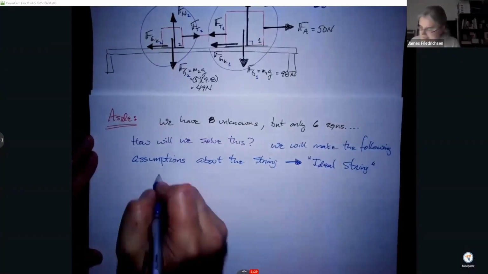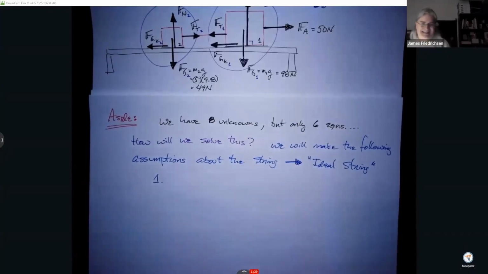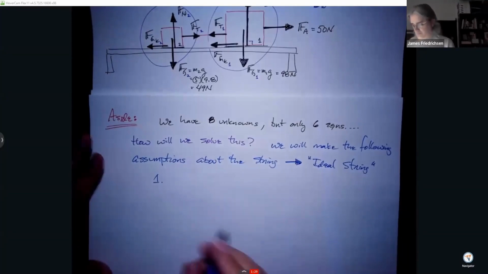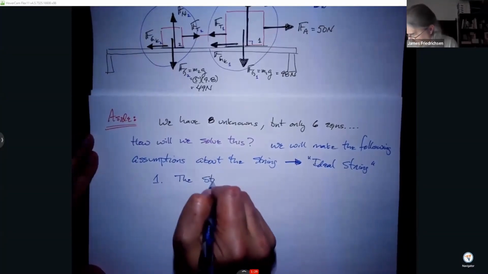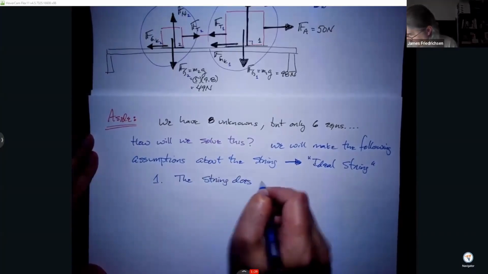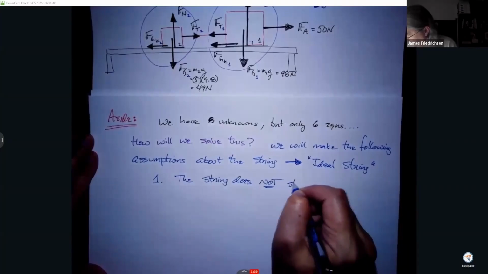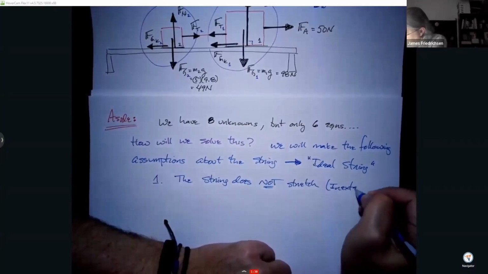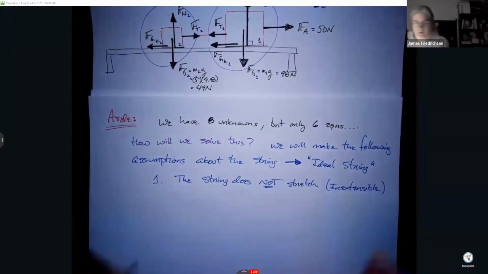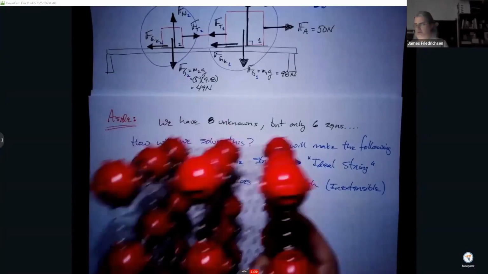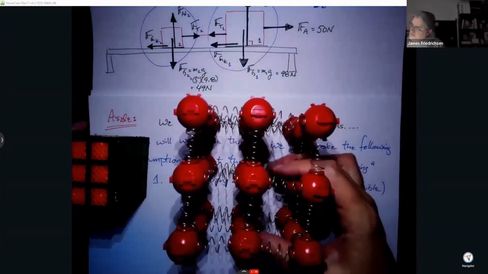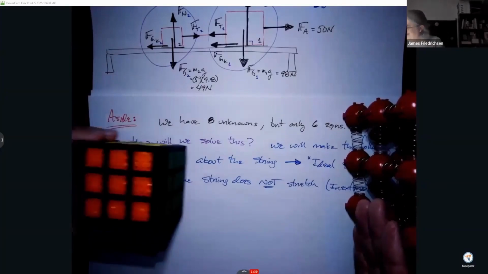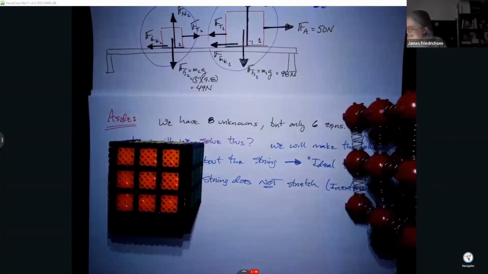What that implies, first off, is that the string is inextensible. The string does not stretch. So what's the implication there? Well, let's look at this. If the string were to stretch, then when I pulled on box 1, it would move through a greater distance than box 2 in the same time.